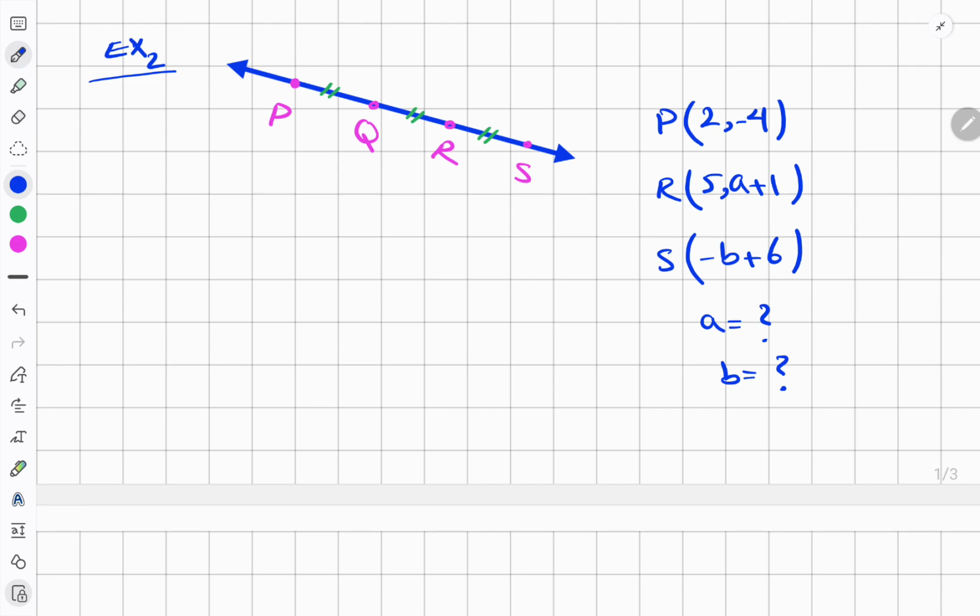Okay, so we know that PQ and QR are equal in lengths, so we can say that Q is the midpoint of PR.